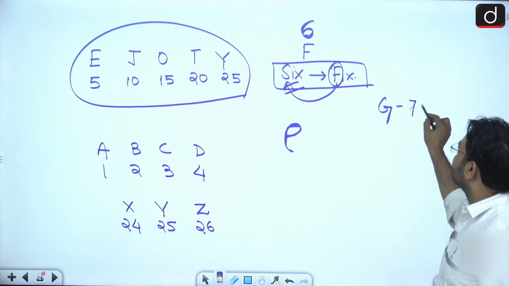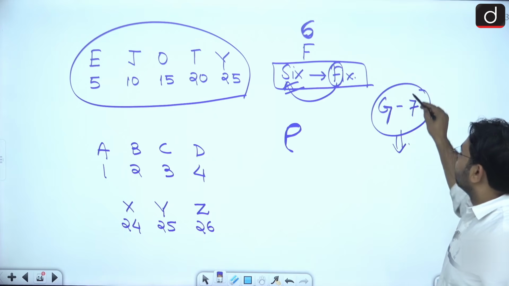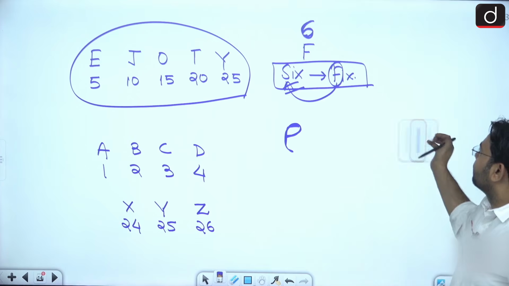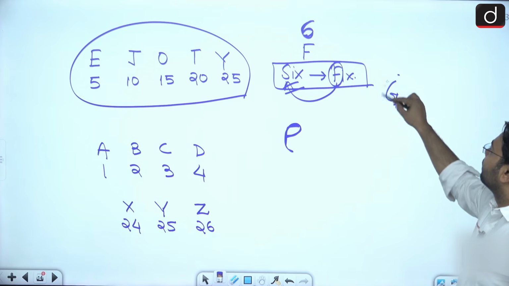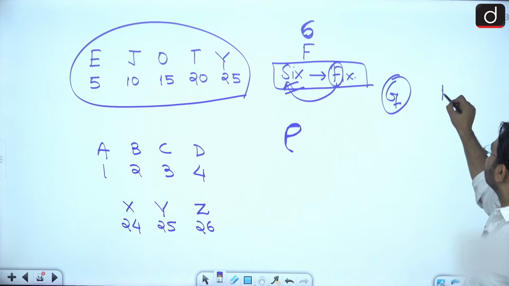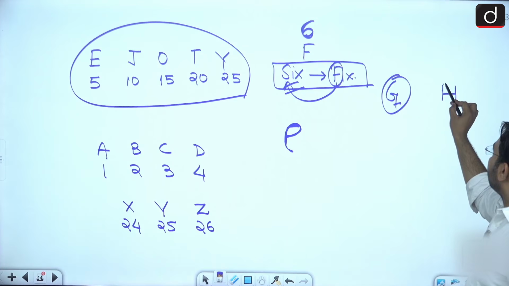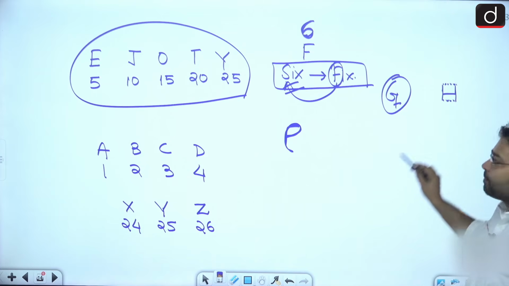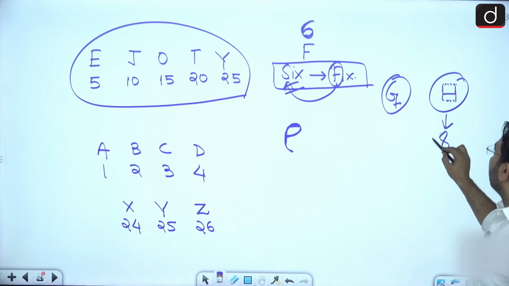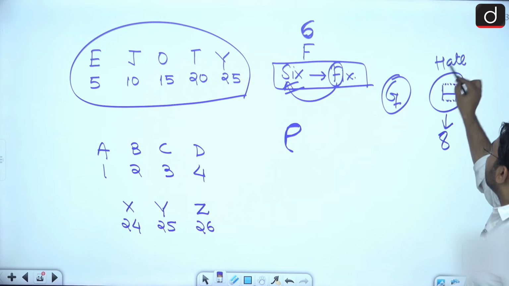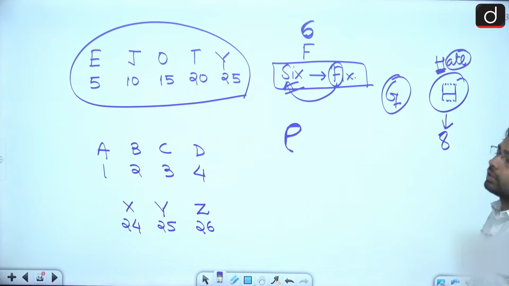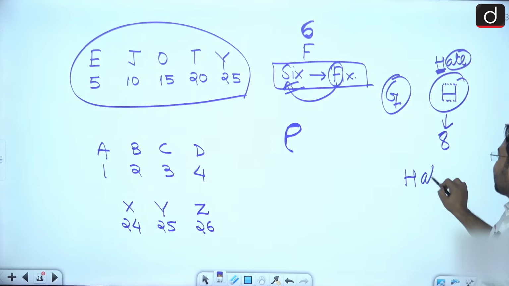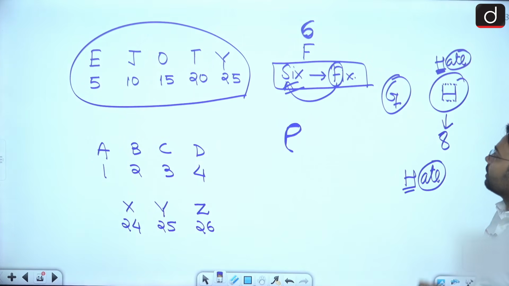G7, and in GS you also read G7 summit. So G is on 7. After that, if I add these two, isn't it 8 like computer? So H is on 8, or you can remember H8 from hate. So H is on 8.